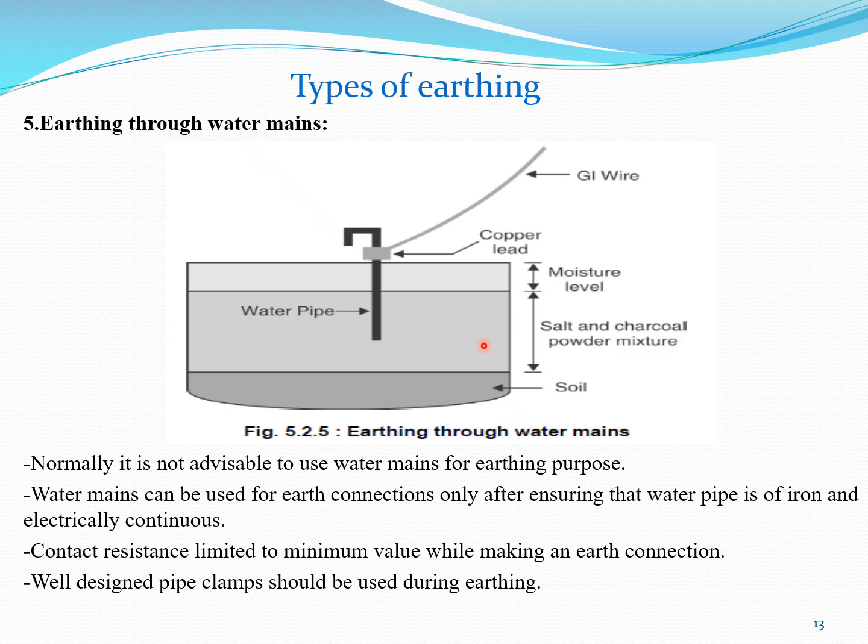Many of the students get confused about how water mains can be used for the earthing purpose. If a severe current or fault current flows through the earth wire, then it may flow through the water. To clear that misunderstanding, we are not going to connect the earth wire to the water or to the leakage portion of the water pipe.